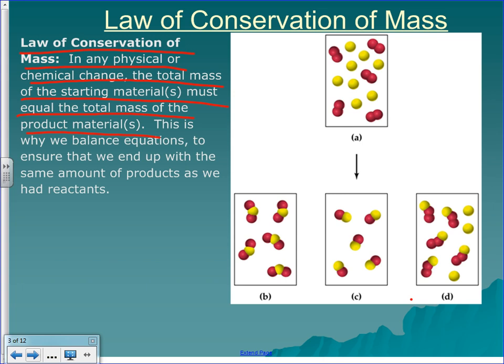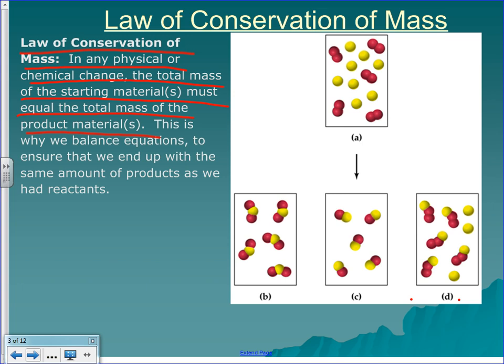Okay, which one of these rectangles along the bottom, so A is the reactants, okay, these are the products. Which one of these, B, C, or D, shows the law of conservation of mass being obeyed? D. Okay, I mean, on this top one here, we've got 8 yellow spheres, or 8 yellow atoms, right? 8 yellow atoms up there, okay?